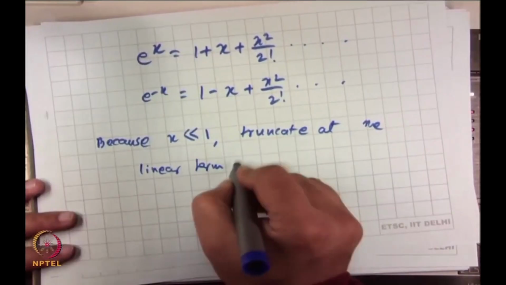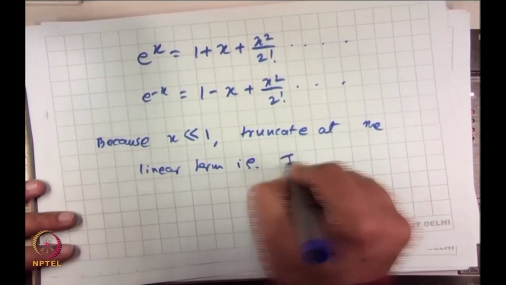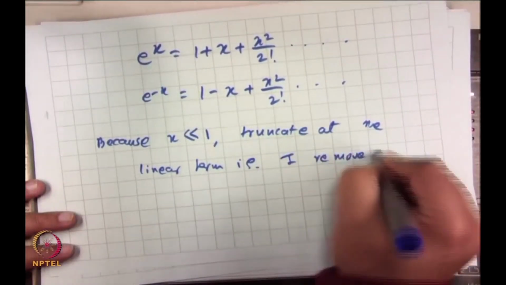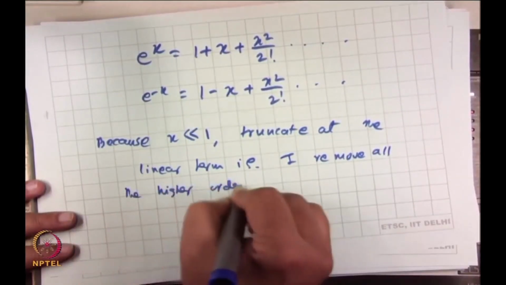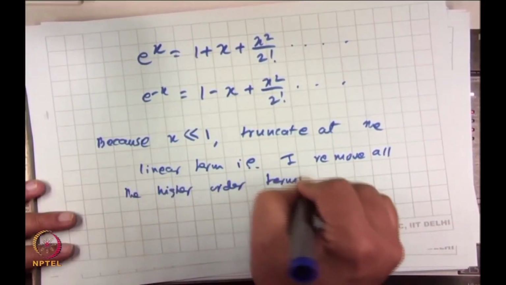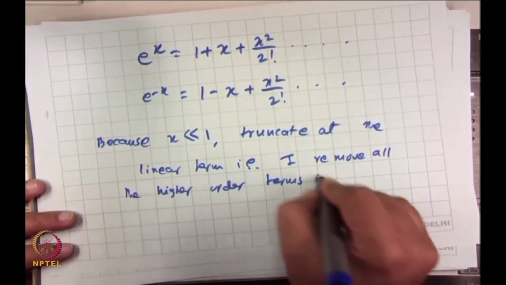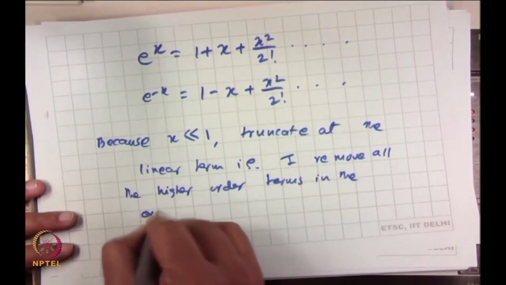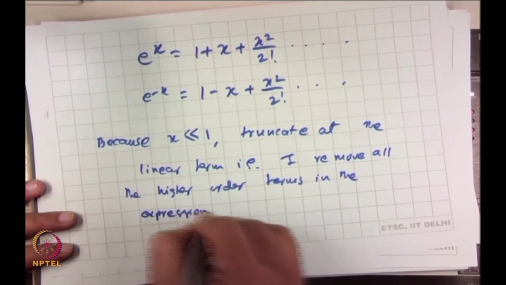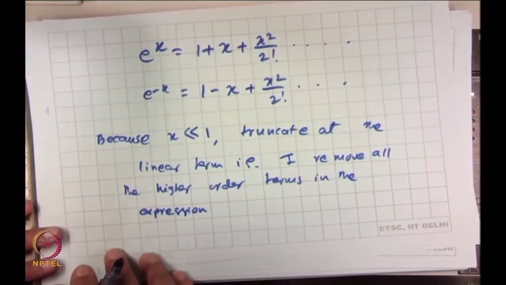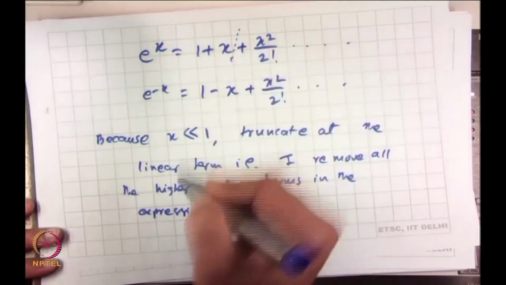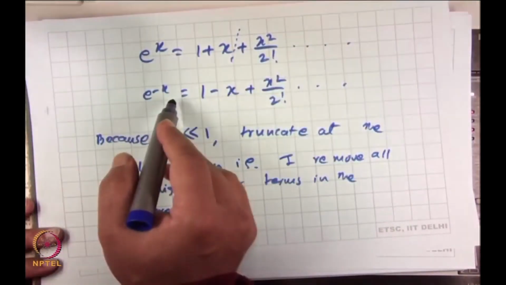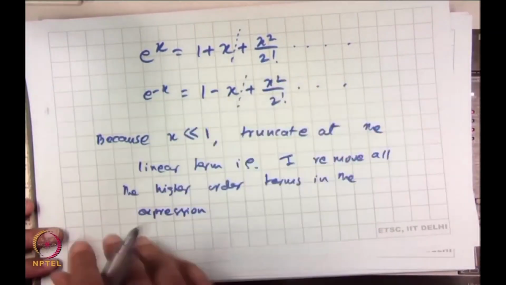That means I remove all the higher order terms in the expression. Is that clear? So, what am I left with then? E to the power x, I will be left with only this one. E to the power minus x, I will be left with only what? This one.